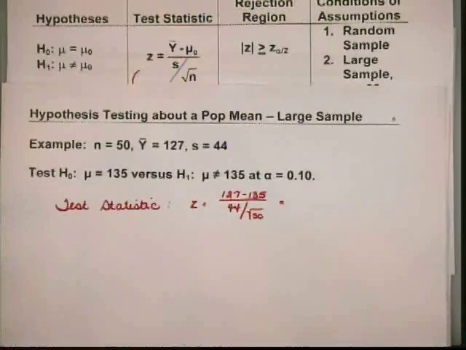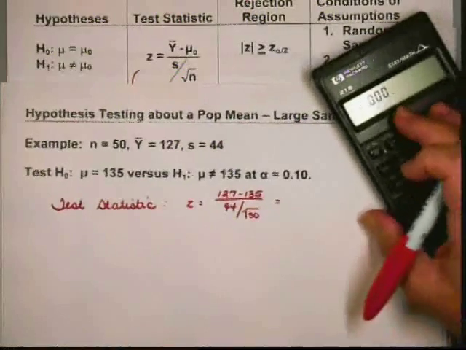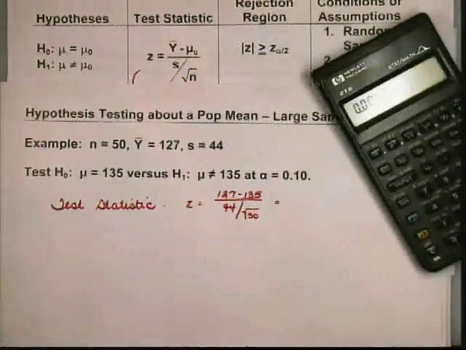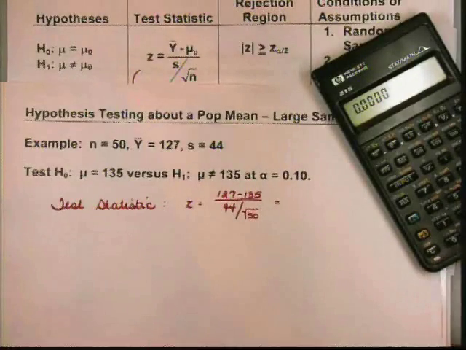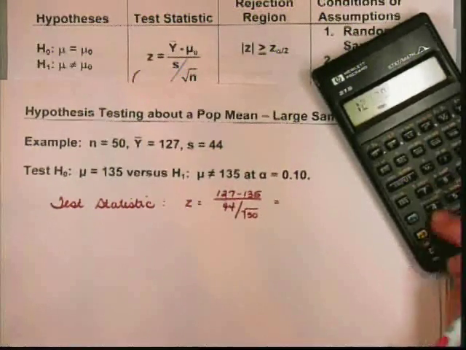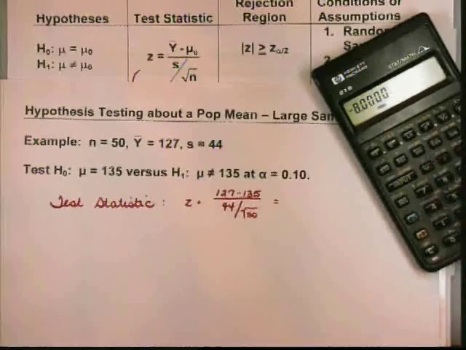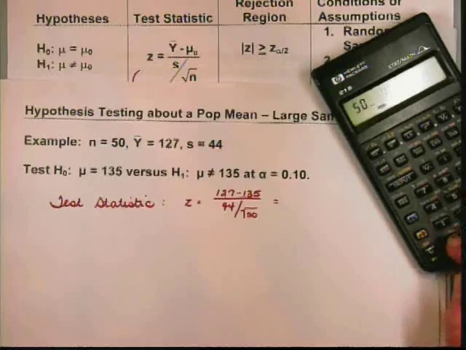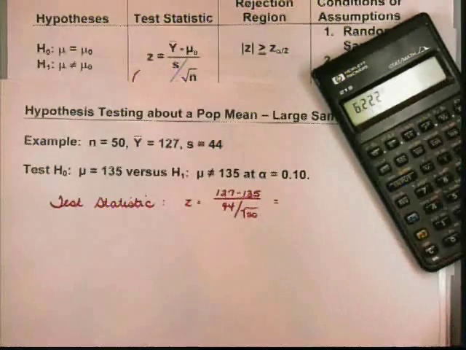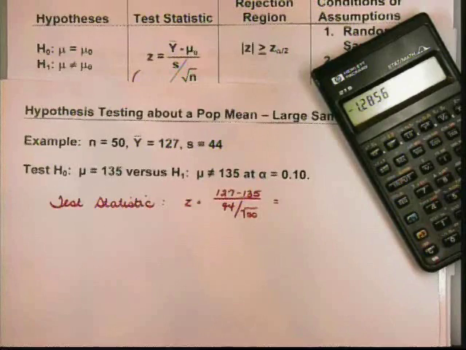So if we compute z, what do we get? We have negative 1.2856. Do you agree?